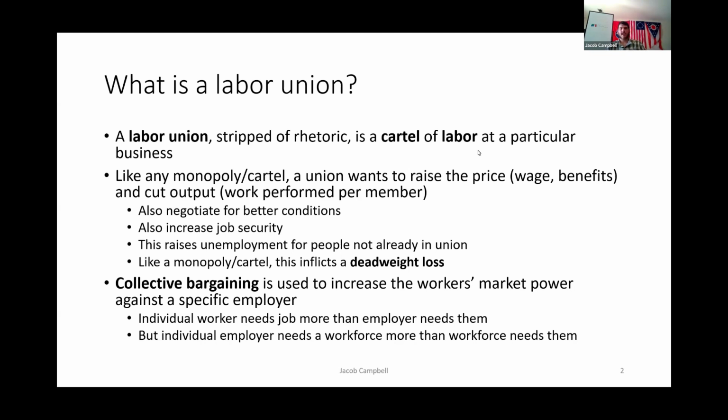What if it was instead all of the workers together, or at least some large critical mass of workers? Enough workers that even if they can't get a pure monopoly, they can at least make it a very imperfectly competitive market that they can really mess up the workplace if they were to all quit.